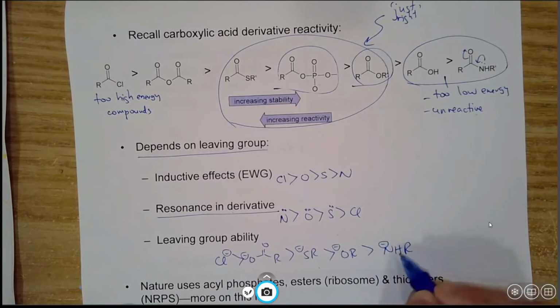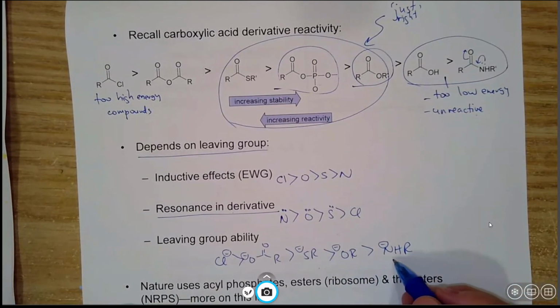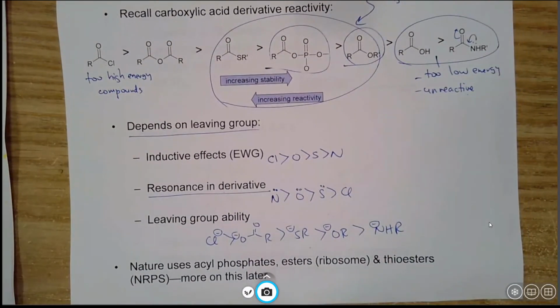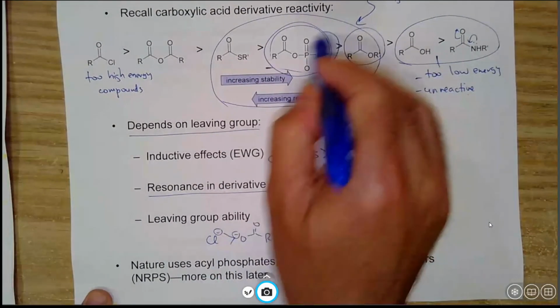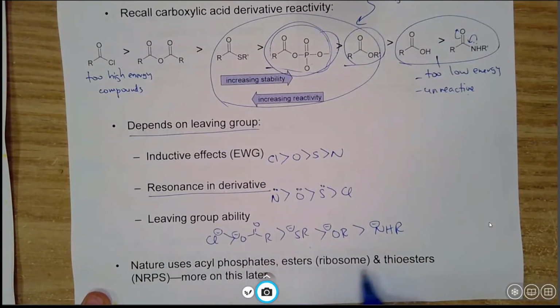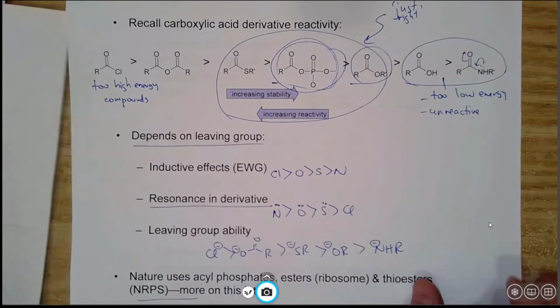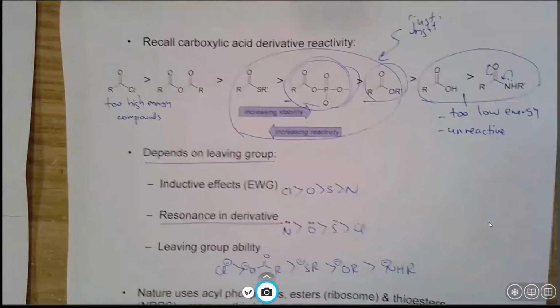And a negatively charged amide is actually not a good leaving group. It's just too negative and not stable. So nature uses acyl phosphates, esters for the ribosome, and thioesters to make peptide bonds. Now you understand the energetics of this.